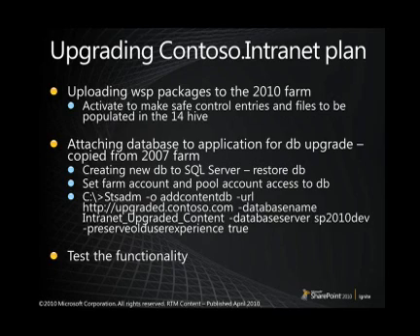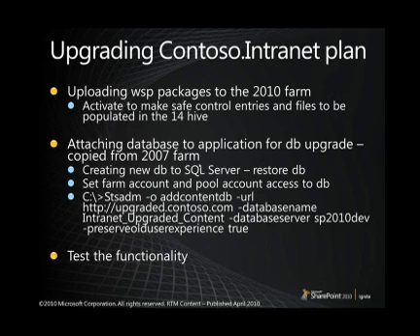The following step was to take a database backup from the SharePoint 2007 farm using standard SQL Server enterprise tools, and then create a new database in the SharePoint 2010 farm and restore that backup over it, which basically meant that within our SharePoint 2010 farm we now had the content database from the 2007 environment.